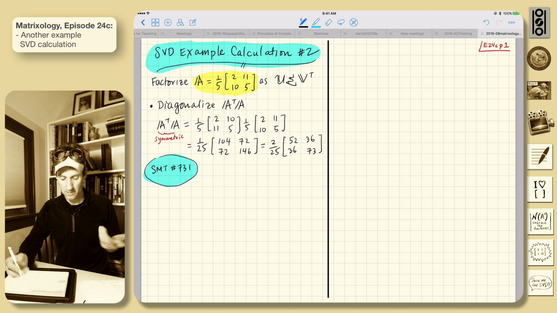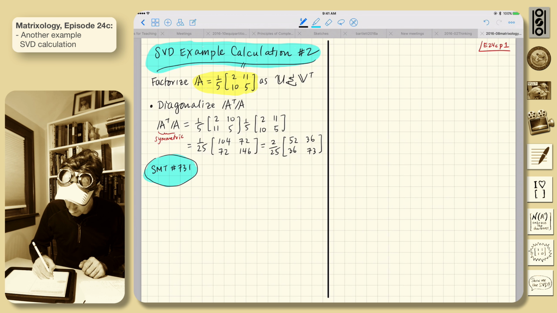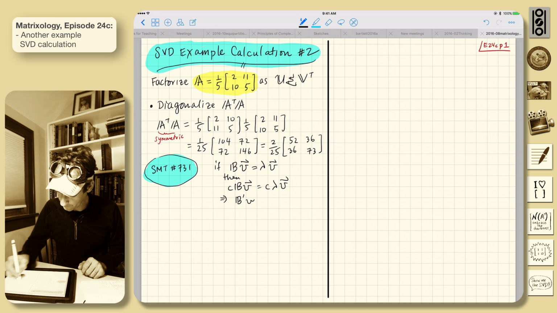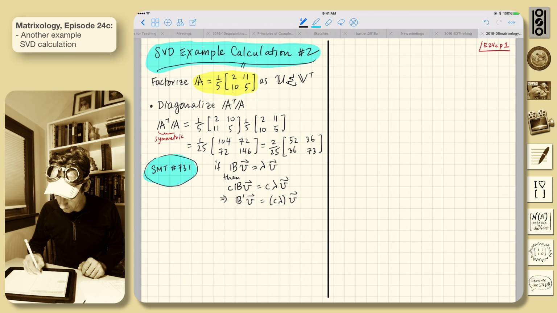Same eigenvector. So let's say we have, let's call it B, BV equals lambda V, then we can multiply both sides by a constant, C lambda V, and we could call this B prime, some new matrix, B prime V equals C lambda V.